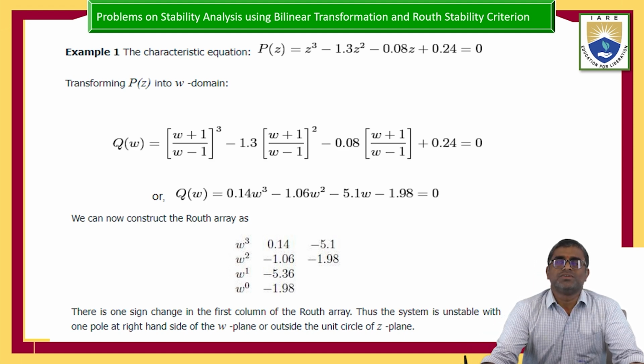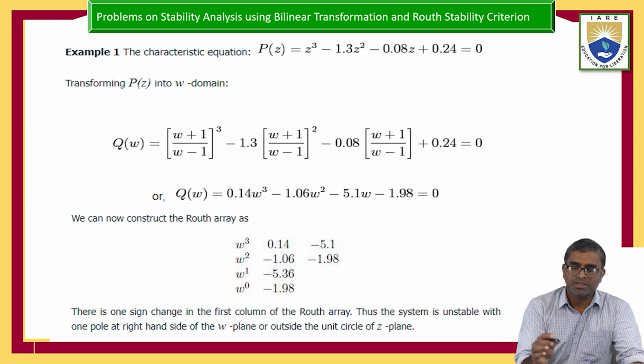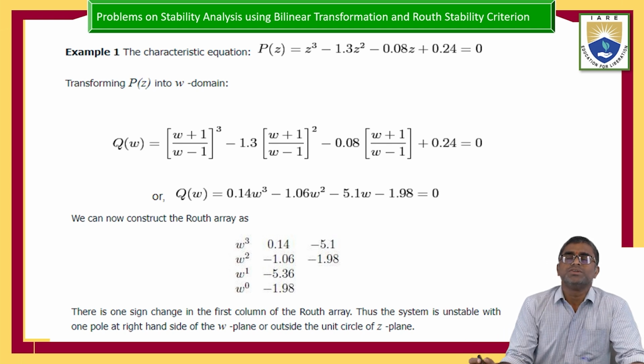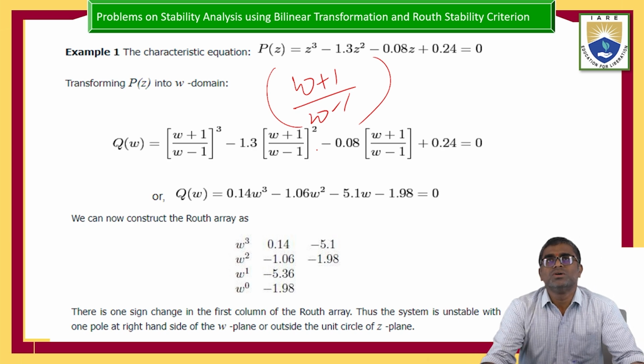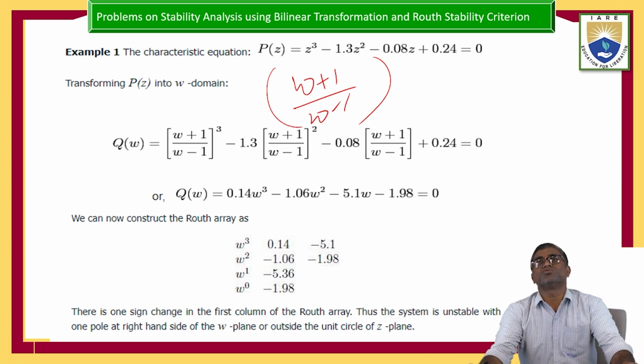First of all, I am taking the characteristic equation as P of Z equal to Z cube minus 1.3 Z square minus 0.04 Z plus 0.24. When calculating the RH criteria stability, we first have to replace Z with omega plus 1 by omega minus 1.